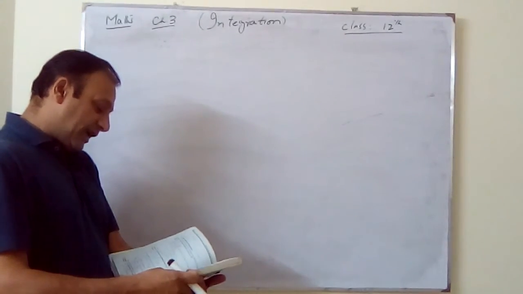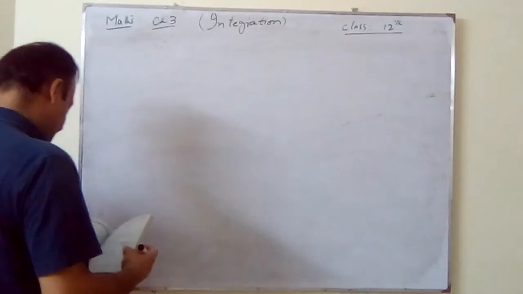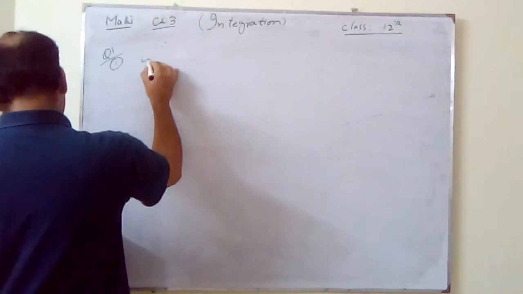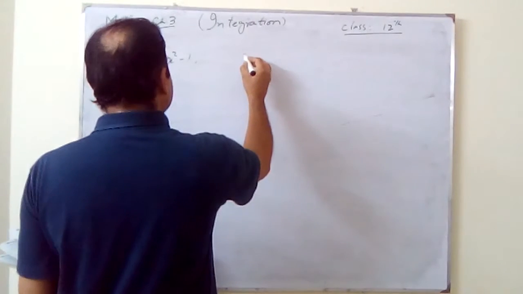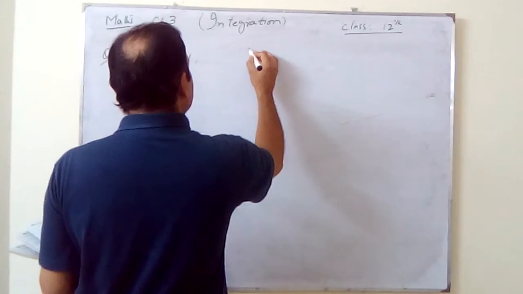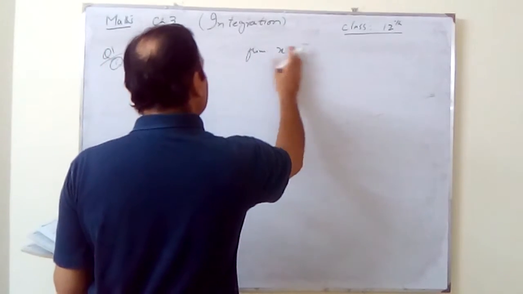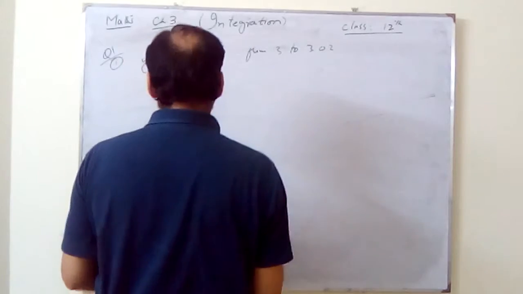Question is, find delta y and dy. Question number 1, y is equal to x square minus 1 when x changes from 3 to 3.02.